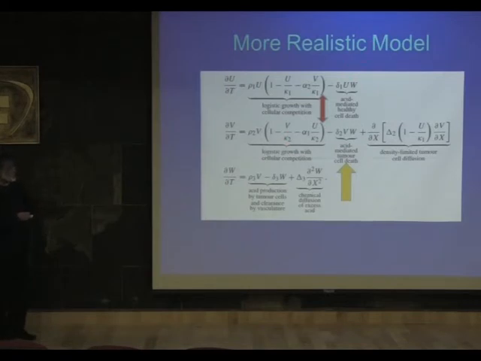We also made the model a little bit more realistic by putting in the fact that the tumor cells themselves are not fully resistant to the acid, so the tumor cells will die at some point if there's lots of acid, and that the normal cells will have some resistance, so this delta 1 should be 0 for small values of W, and then becomes non-zero as W increases.